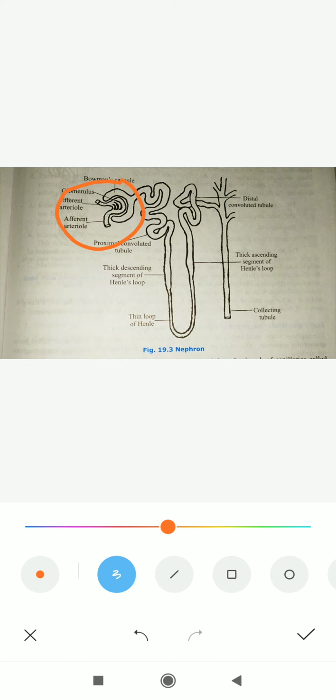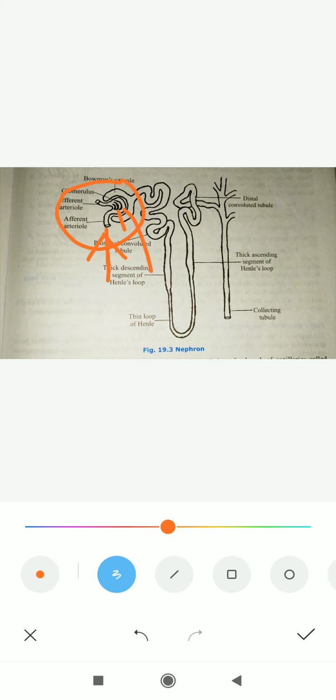In this part you can see a blood vessel known as afferent arteriole enters into a cup-shaped structure called glomerulus.